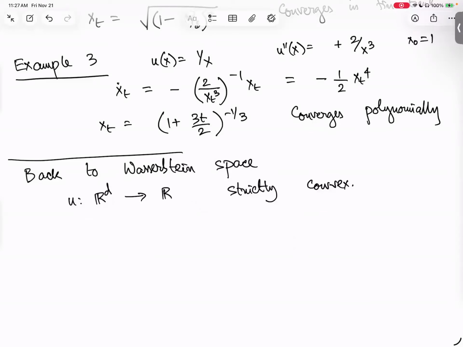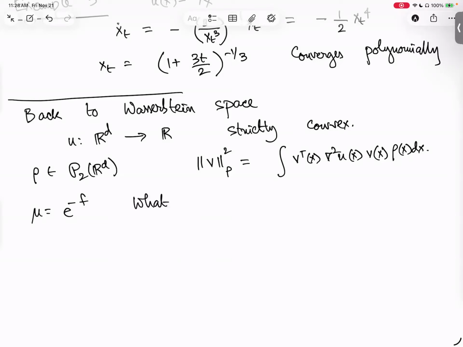And I can ask the question that if I take some measure, let's say mu, which is e to the power minus f, what is the gradient flow of Kullback-Leibler with respect to mu in this new setup?